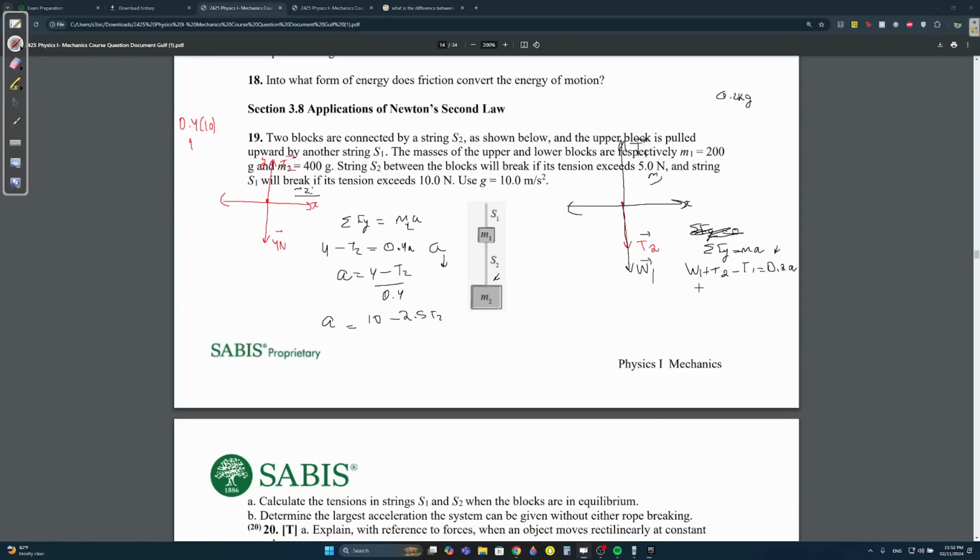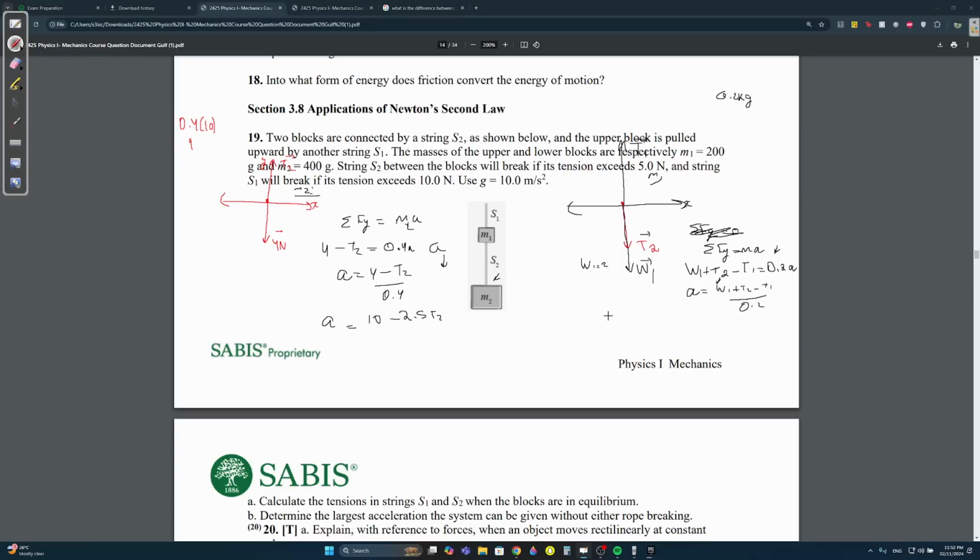Here, what is A equal to? A is equal to W1 plus T2 minus T1 over 0.2. We can simplify quickly. We can put W1 as M1 G, right? Mass 1 is 0.2 and G is 10, so the weight W1 is equal to 2.